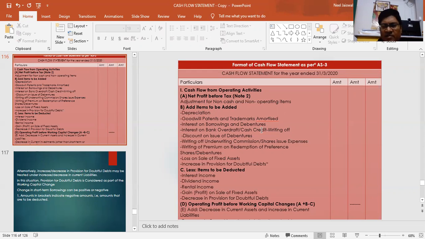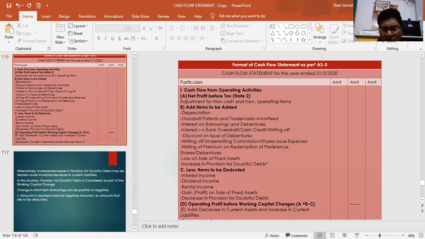Interest on borrowings and debentures, interest on bank overdraft, interest on cash credit, discount on issue of debentures, writing off underwriting commissions, share issue expenses, writing off premium on redemption of preference shares and debentures, loss on sale of fixed assets, increase in provision for doubtful debts.